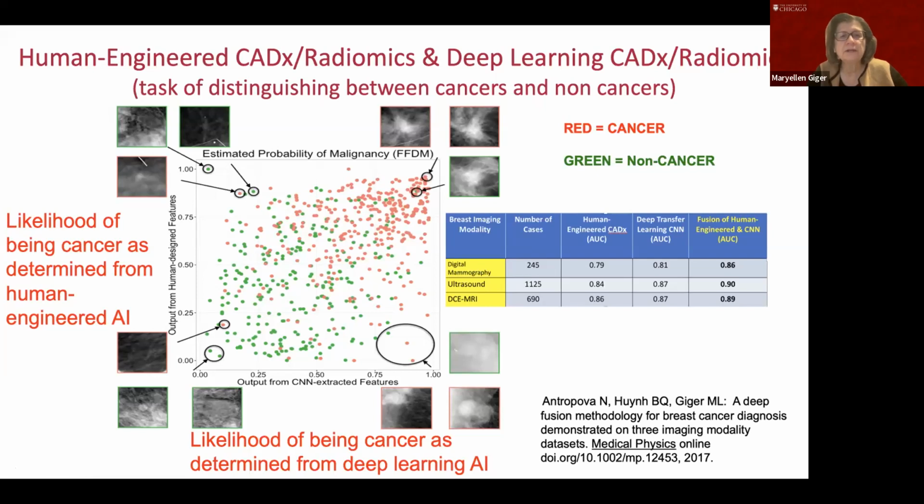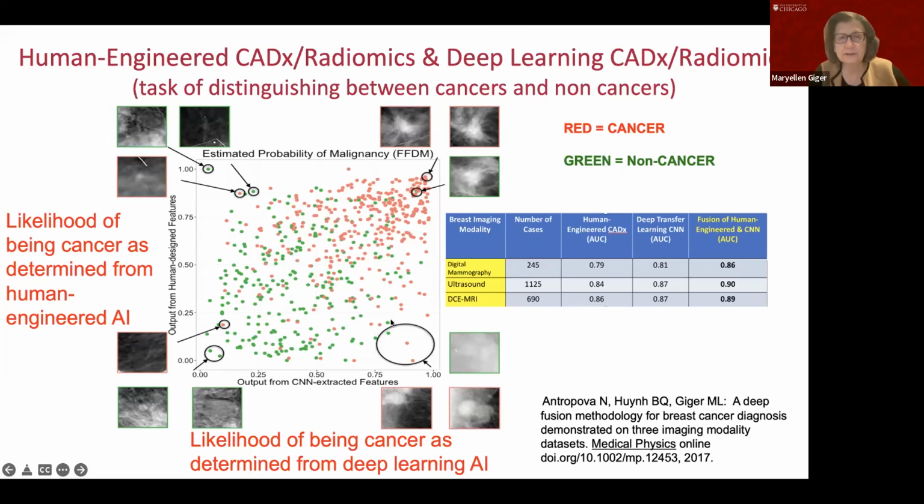One thing to note is here is a benign case that the human engineered got wrong, while the CNN deep learning correctly claimed that it would be benign.